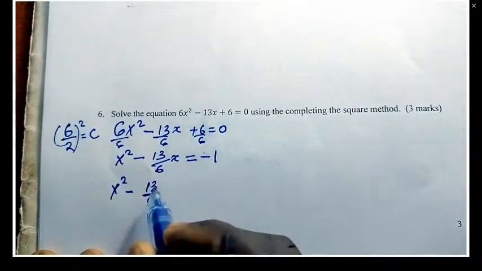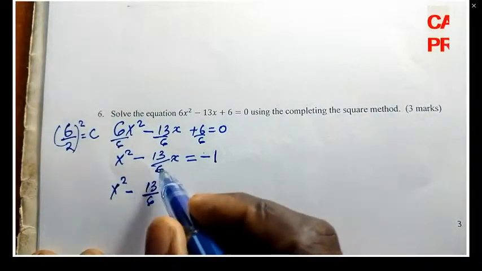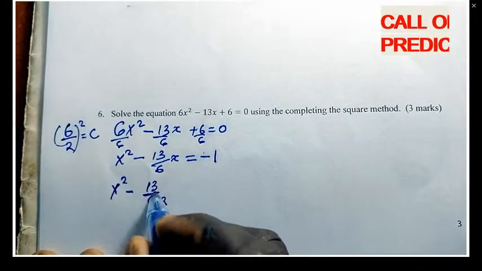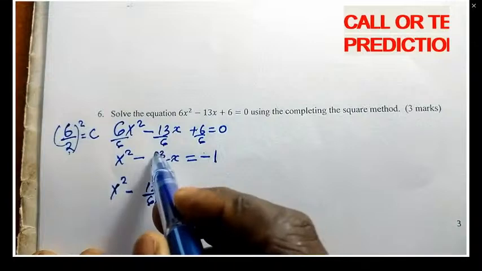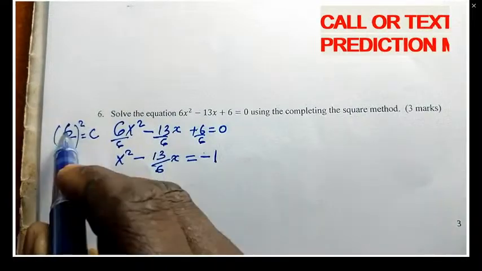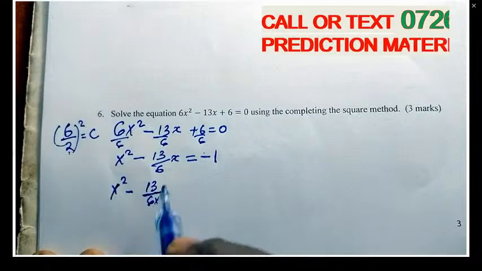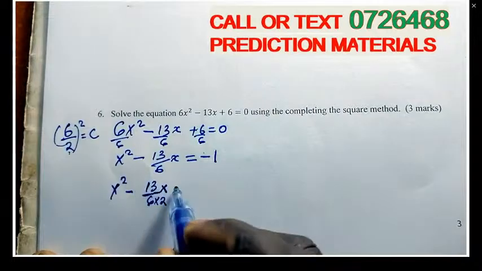This 13 over 6 is b, but b is over 2, so times 2 here. Okay? That is how x becomes like that. So what we have here, we are going to add on both sides.